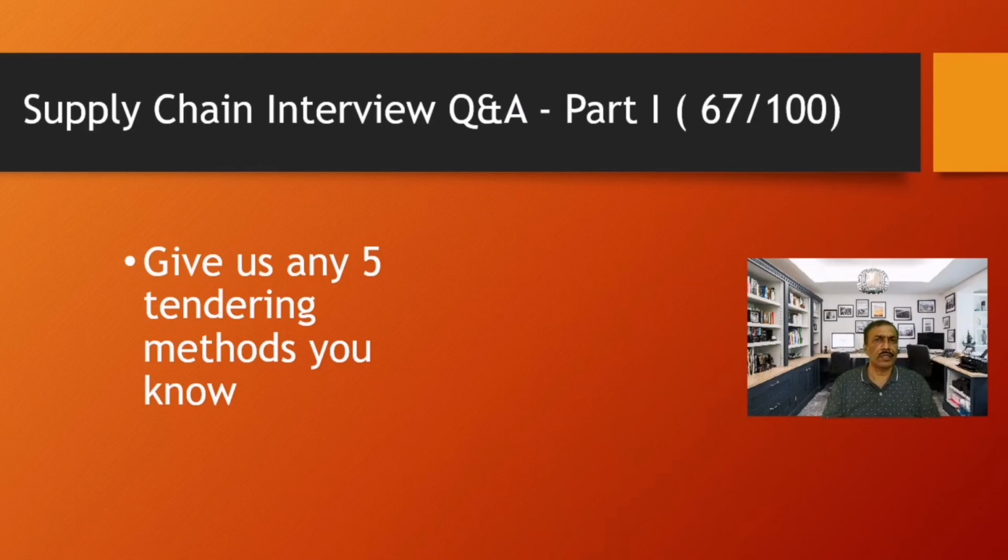So all this tendering form is based on whether you are clear in your inquiry stage and whether the vendor is clear, or you need some type of low price or negotiated price. So based on that you can select a particular method.